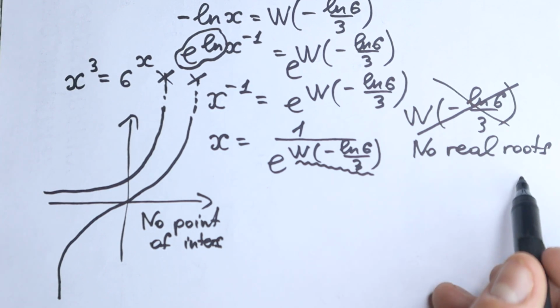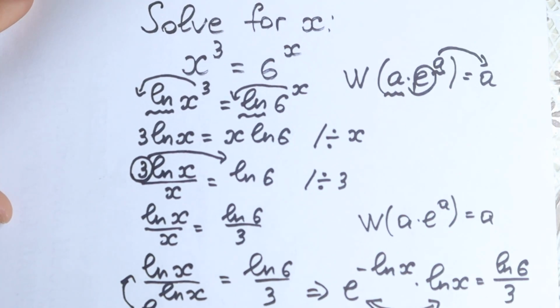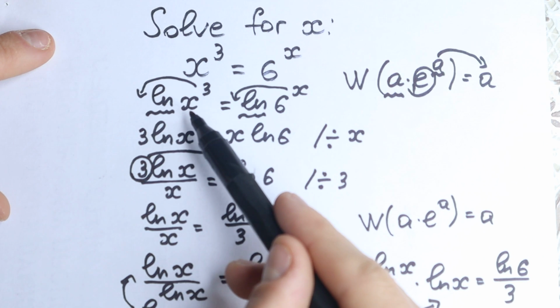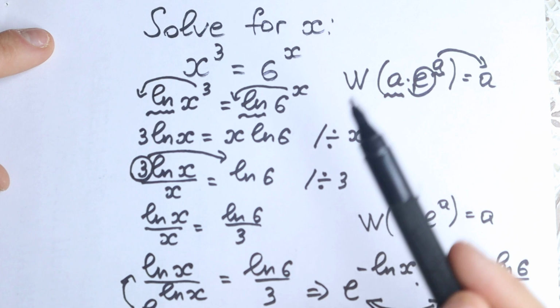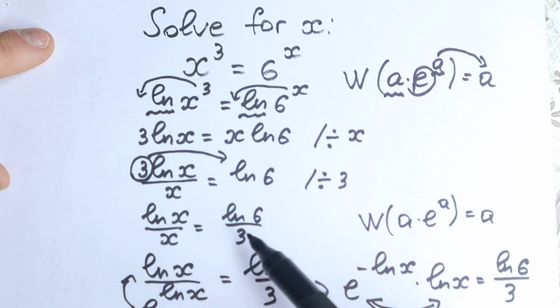Really interesting question. Let's spend one minute to go through it step by step real quick. So here's our question. First step, natural log, because we have our power, so we just need to bring this down as a constant. So natural log on both sides is our first step. Then we need to group our x's on the left hand side and our constant on the right hand side. This is our second step.